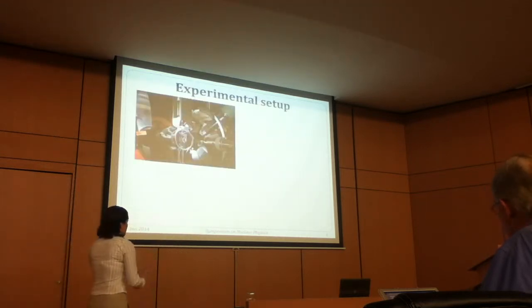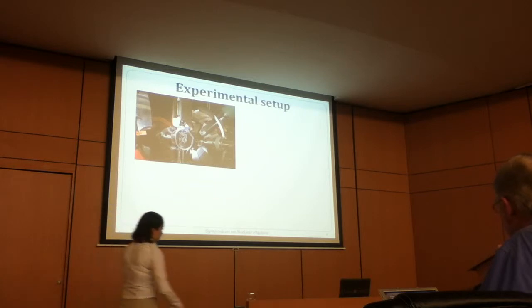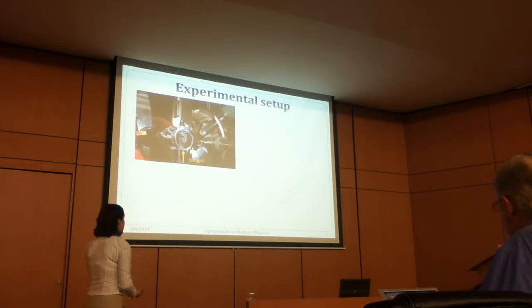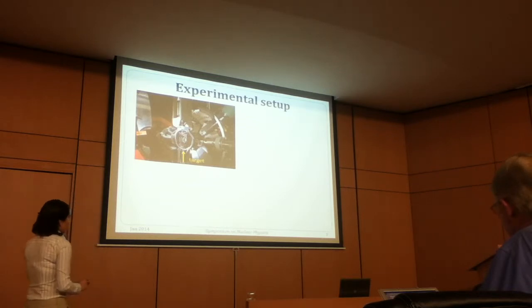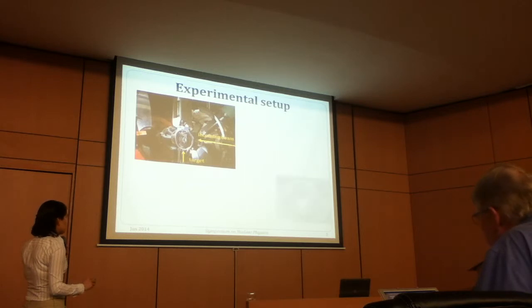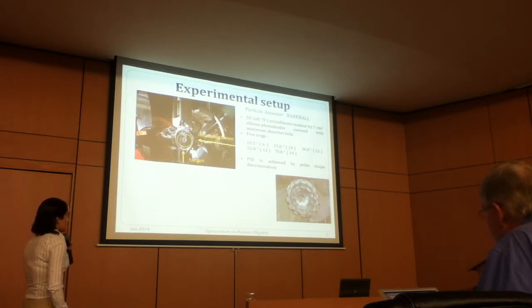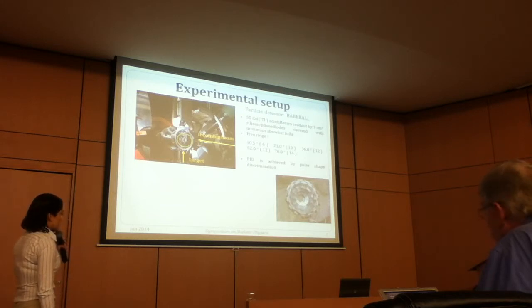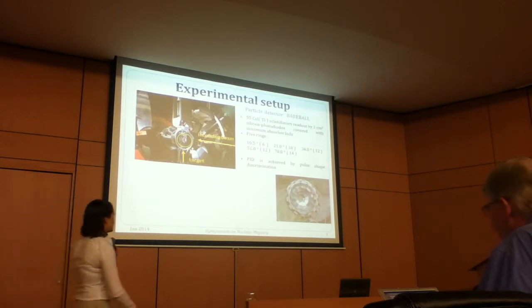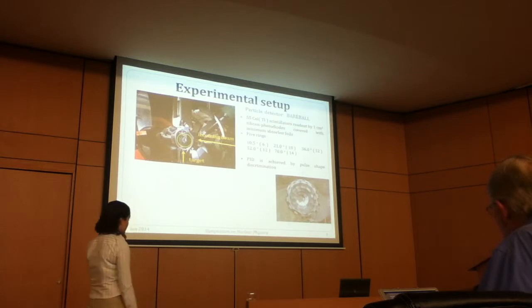This is the main experimental setup we use. Here you can see the target position. This is the direction of the incoming beam. In the center, surrounding the target, is the particle detector, that is a CsI array coupled to 1 centimeter by 1 centimeter photodiodes. And here you can see the angular distribution of these detectors.